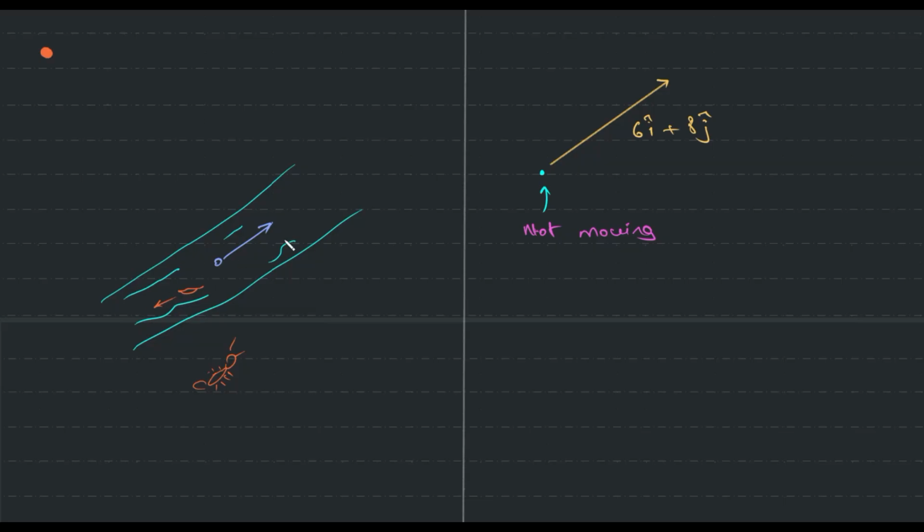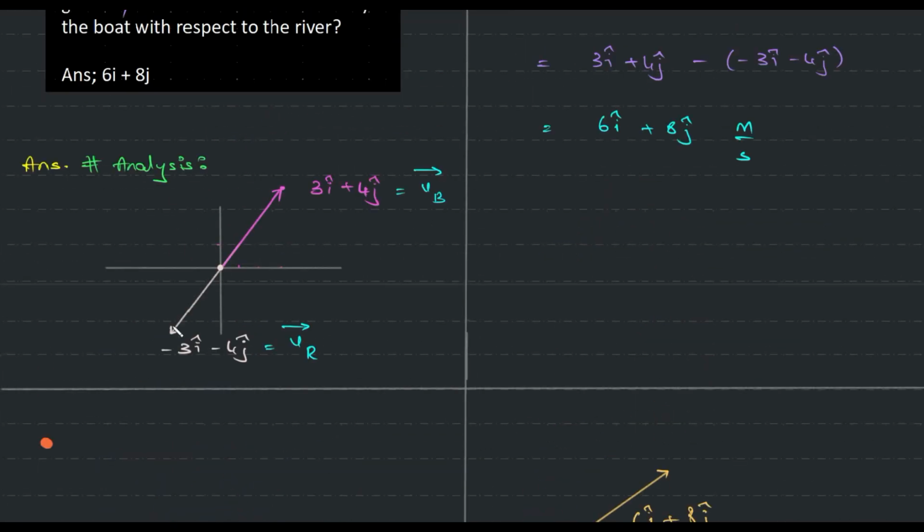It makes sense, right? Both are in the same direction, just that they're going away. So it will be double. So for the ant, if it's here, the boat will be here. So the pace at which they're moving is increasing, double of whatever it is actually moving.